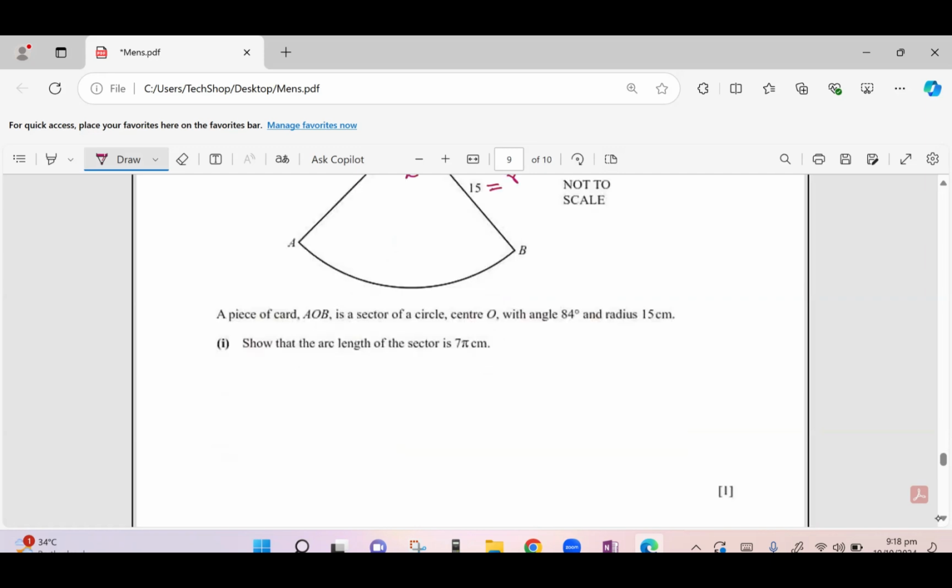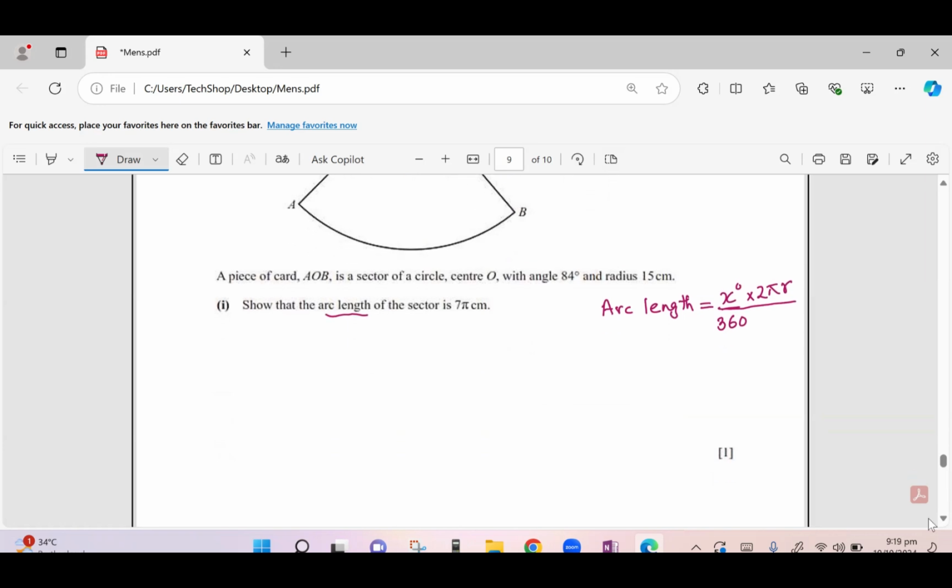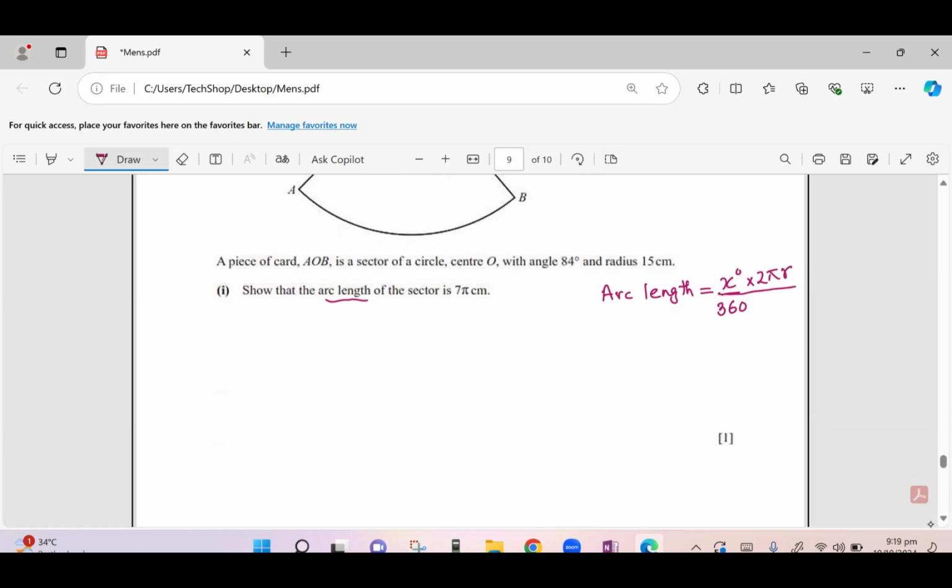Recall the formula for arc length: arc length is x upon 360 times 2 pi r. It is better to write it this way. Now I'm going to start solving.